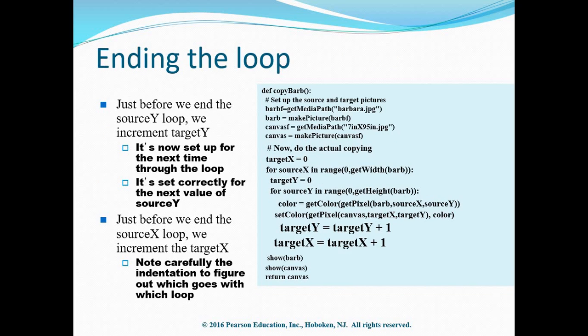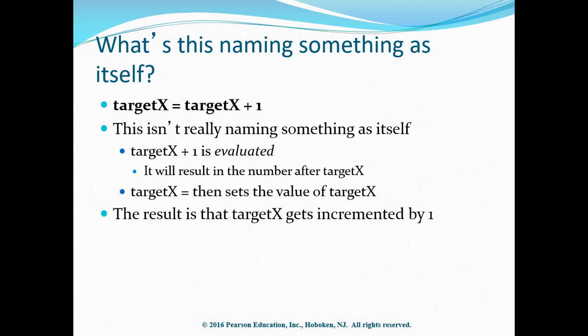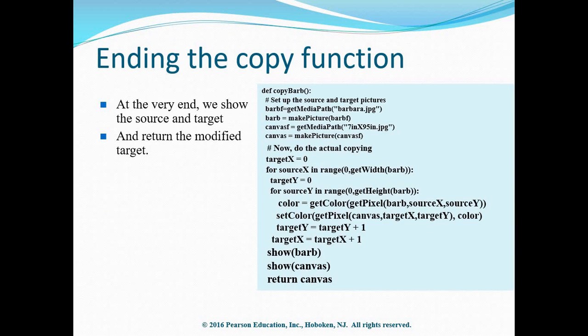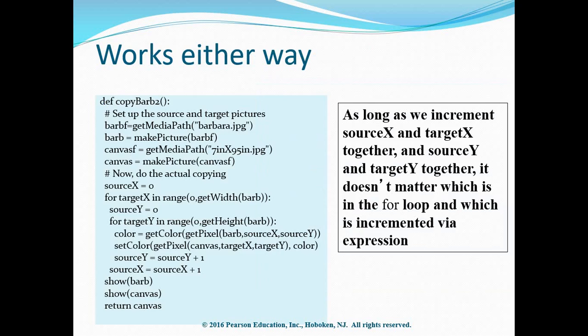Ending our loop instructs the computer on what to do. Think of this as an iteration. 1 plus 1 equals 2, 2 plus 1 equals 3, etc. Closing the copy function helps produce our new image. Copying the pixels helps produce the copied image.